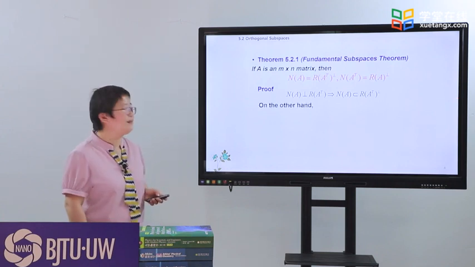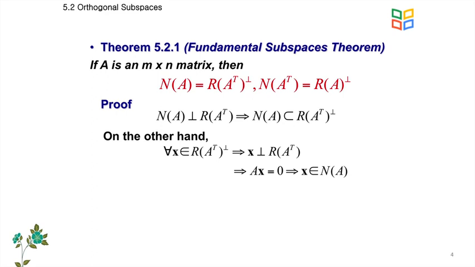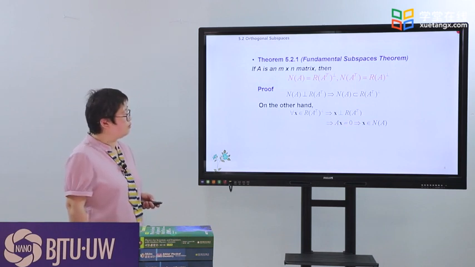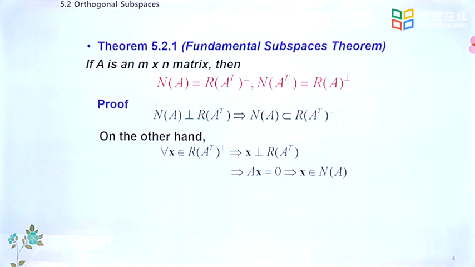On the other hand, we also know that for any x belonging to the orthogonal complement of the range of A transpose, x is orthogonal to the range of A transpose. And from here, we can conclude that Ax equals 0. How can we have this conclusion?